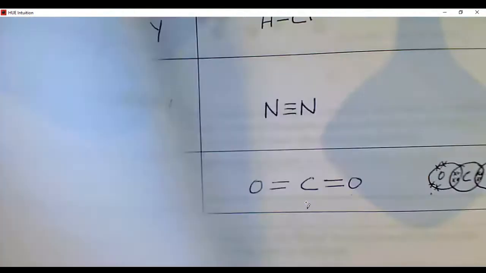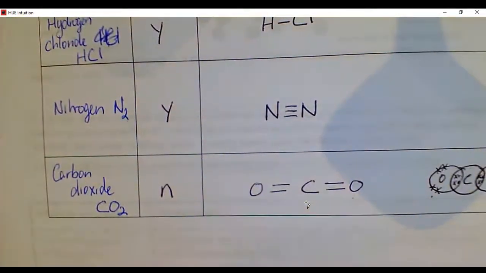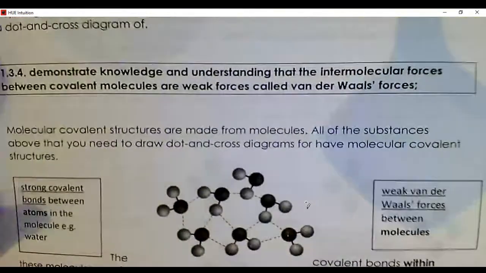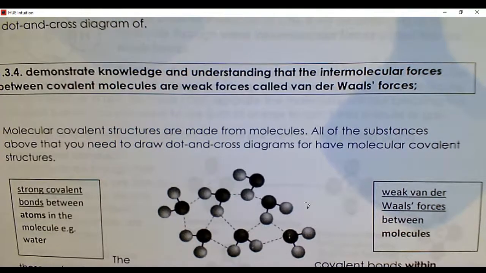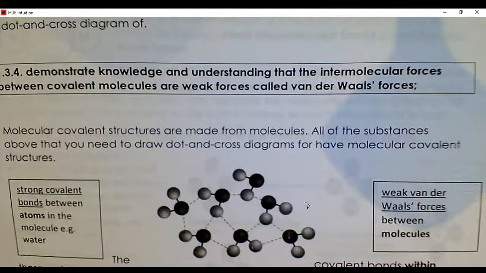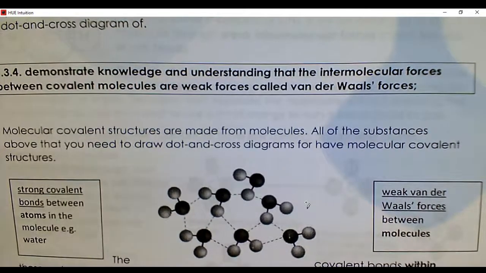But we are going to now click over to page 5, because we're going to talk about the structures of substances composed of molecules. Just a quick note, because I'm going to show you a video on this.